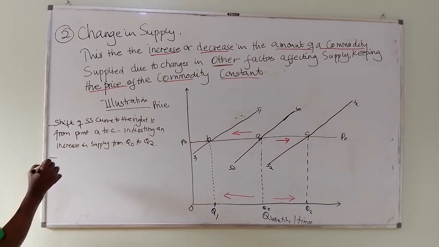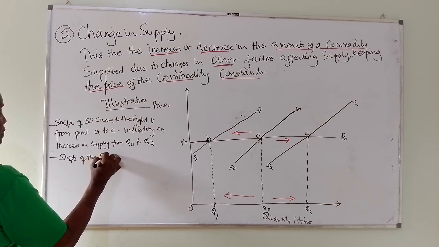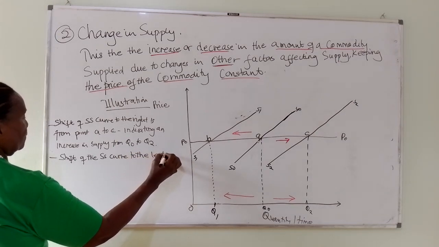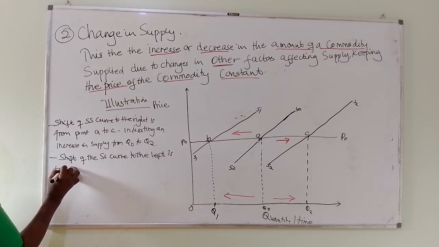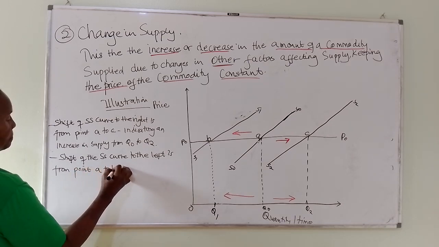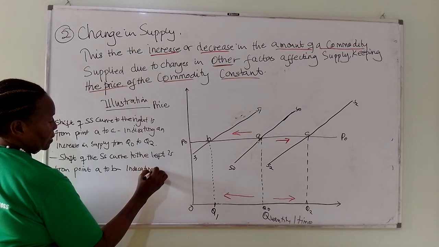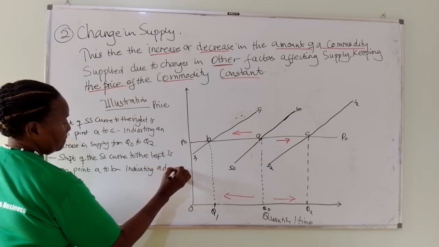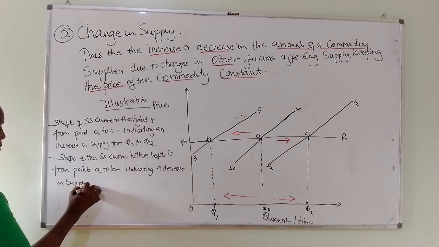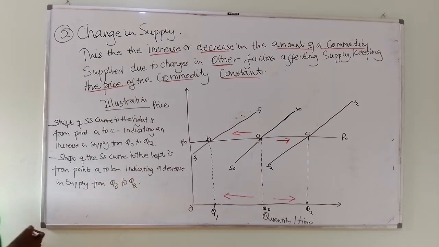Then a shift of the supply curve to the left is from point A to B, and it is indicating a decrease in supply from Q0 to Q1.